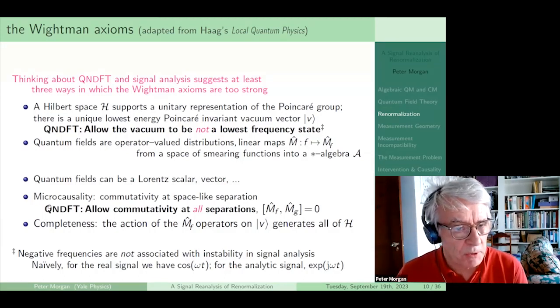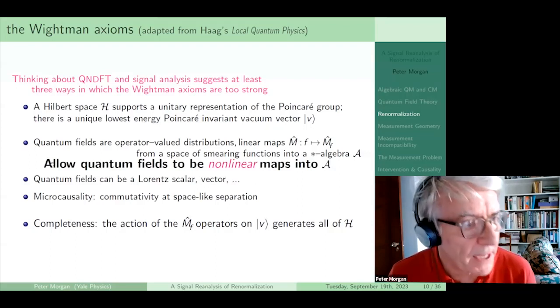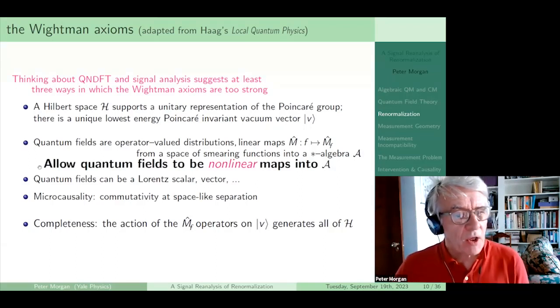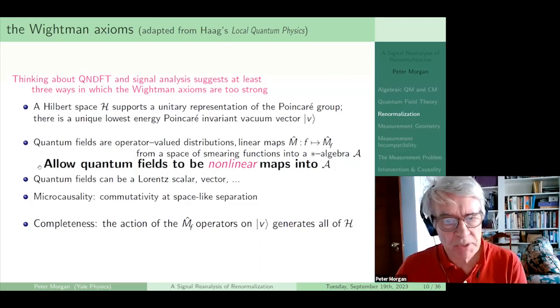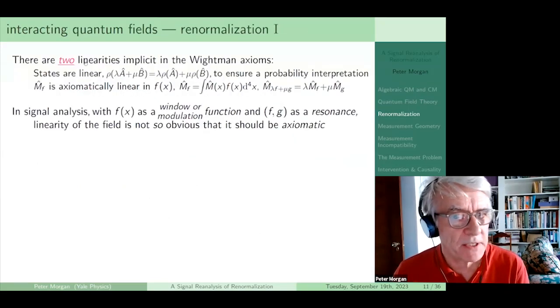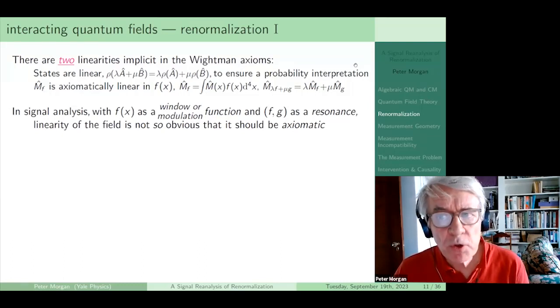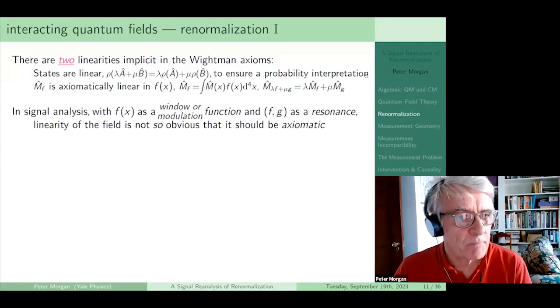And of course, for quantum non-demolition field theory, we also allow commutativity at all separations. But what I want to talk about in the next few slides is that I want to argue that we should allow quantum fields to be nonlinear maps into the algebra of measurements. First, I want to point out there are two linearities implicit in the Wightman axioms. States are linear, as I saw on the third slide, to ensure that there's a probability interpretation that I don't want to call into question today.